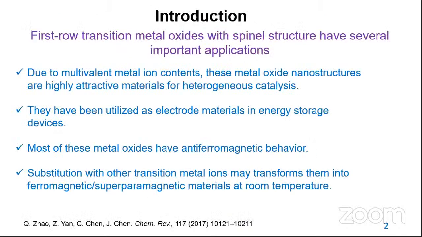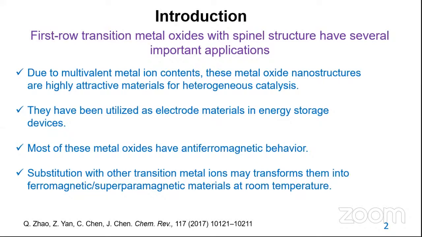As we know, the first row transition metal oxide spinel structures have several important applications, as they have multivalent ion contents, which makes them very attractive materials for heterogeneous catalysis. Also, they have been utilized as electrode materials in energy storage devices like supercapacitors and lithium-ion batteries.